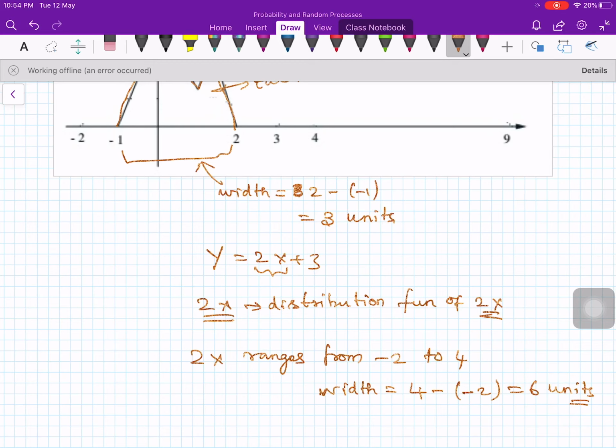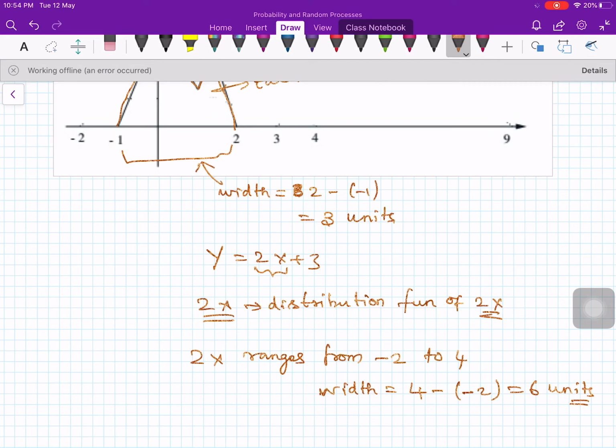Dealing with the random variable 2x as opposed to x is in some sense just changing the units in which we measure the random variable. It is just changing the scale on which we draw and plot things.